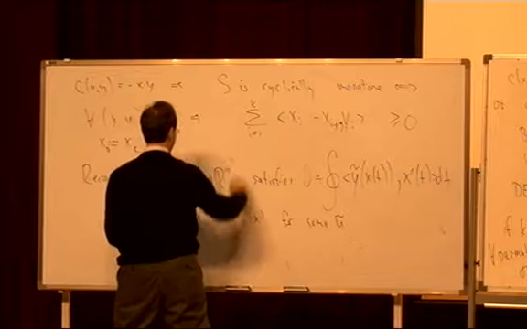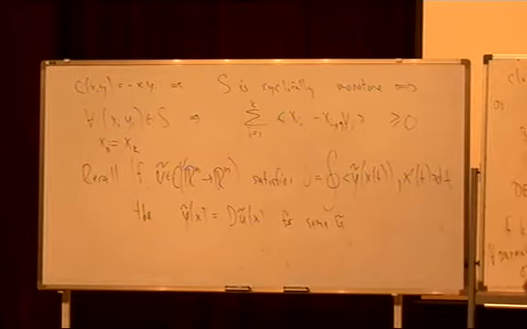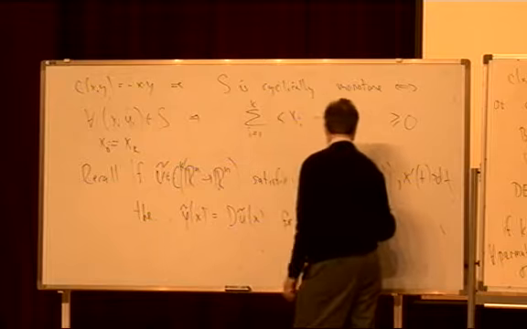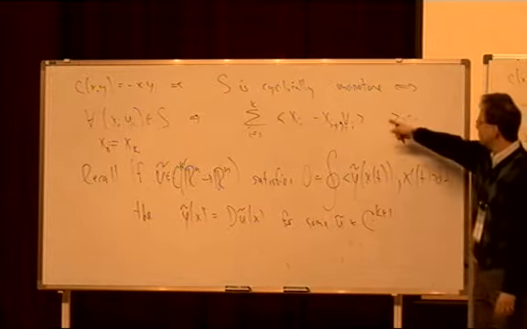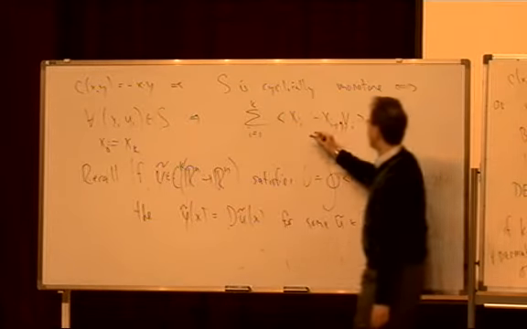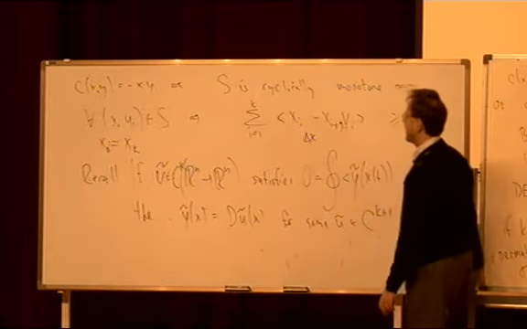Let's say C1. And then however many derivatives I have here, I get one more derivative for u. So this looks very much like a discrete analog of this condition. This here would be like delta x. And this would be y.